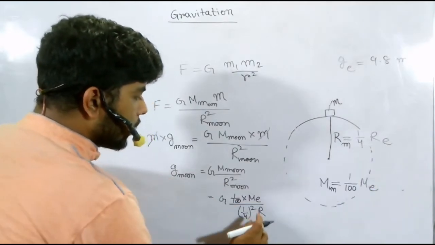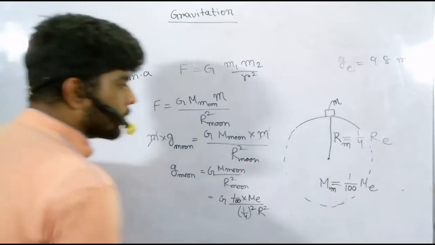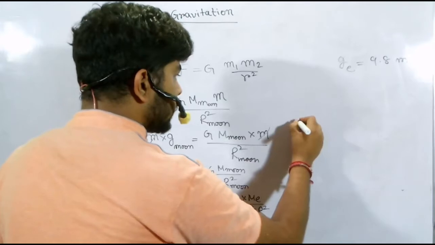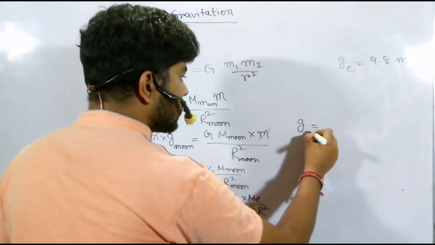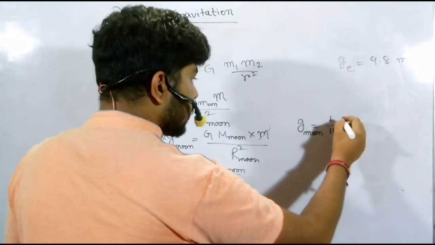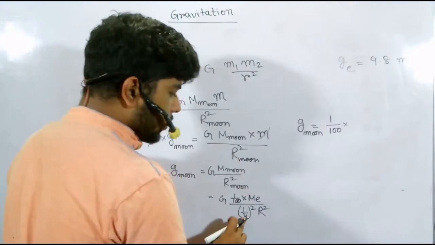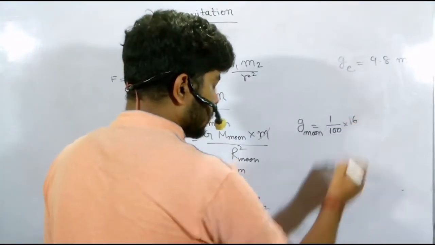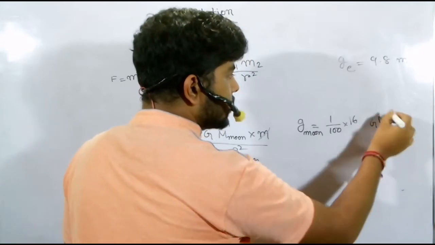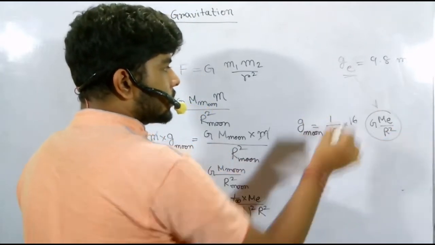If we put this value and calculate, we get small g of moon equals 1/100 into, see, 4 will be going upwards because it is 4 squared, right? So 16, and we get G M_e by r squared.